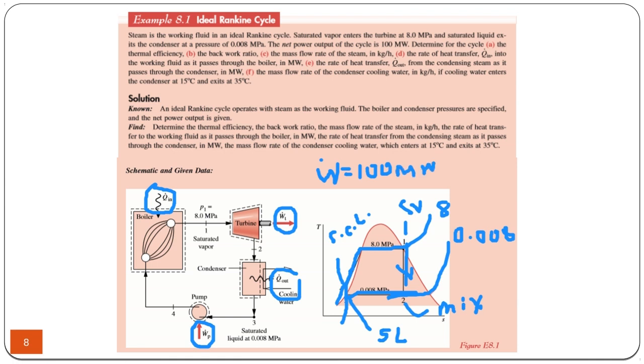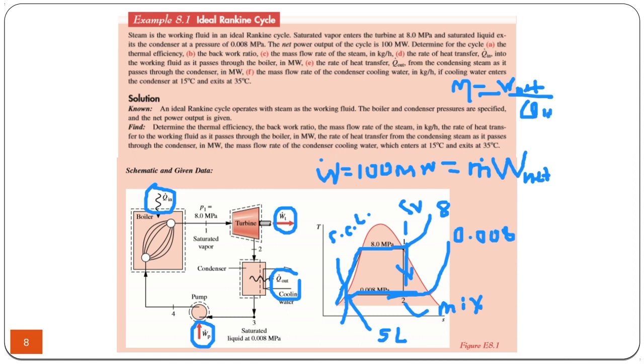So it's actually the mass flow rate of the vapor times the net work in the system. The first part of the question is asking the thermal efficiency. So eta is W net divided by Q in.